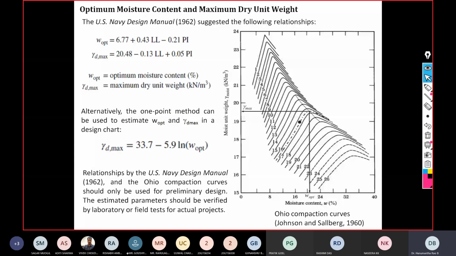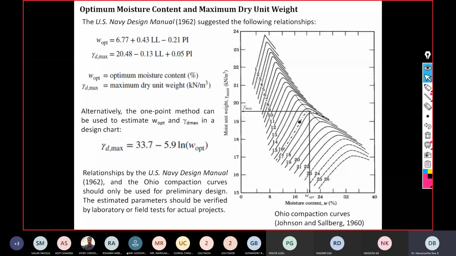And here the US Navy design manual also gives how to determine the W opt and gamma d. You can also use these kinds of equations, which again try to relate to the liquid limit and plasticity index. But basically, these kinds of graphs were developed for roads, especially for development of transportation infrastructure.